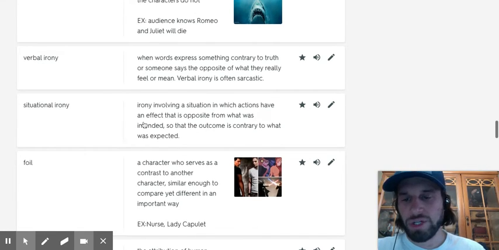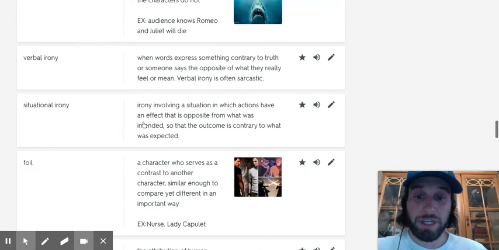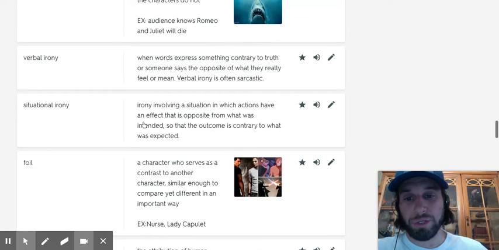And situational irony is basically when a situation is sort of the opposite of what you would expect, or it has the opposite consequence. One early example of situational irony is Romeo ends up going to a party at Juliet's house, but he's going there to find a different girl. That's something a lot of kids don't know if they haven't read Romeo and Juliet before.